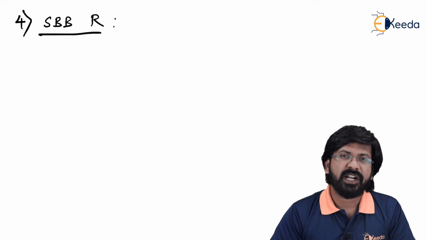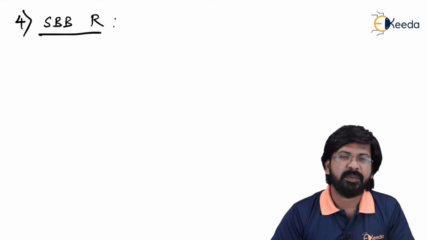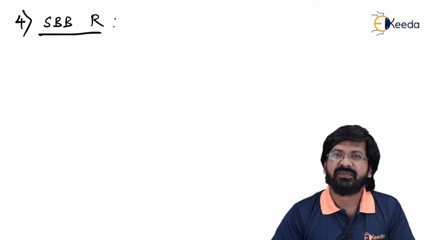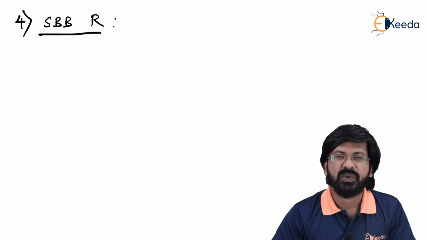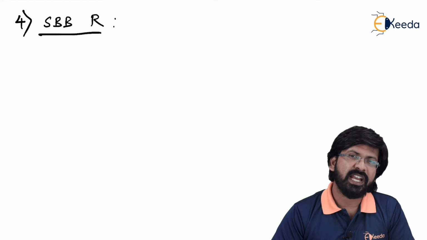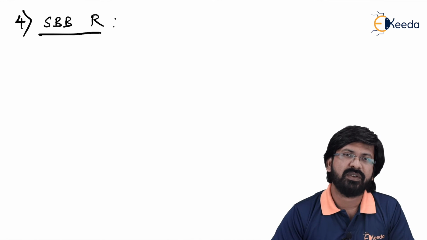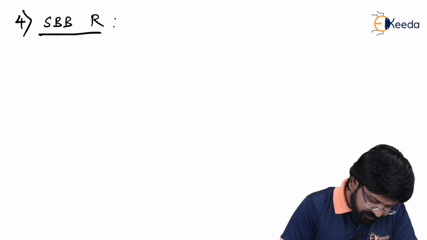But in spite of that, we don't have something called a borrow flag. We always have a carry flag. Remember, after subtraction, if the carry flag is set, you have to interpret it as if the borrow is 1. So the carry flag is treated as a borrow flag whenever you are subtracting, and the carry flag is simply treated as a carry flag when you are doing addition. So let's see what this instruction does.